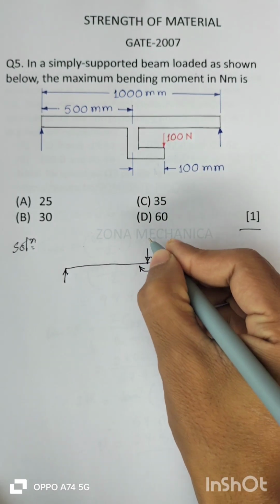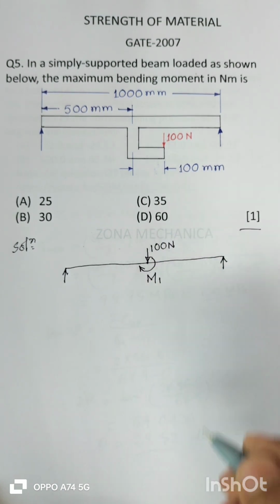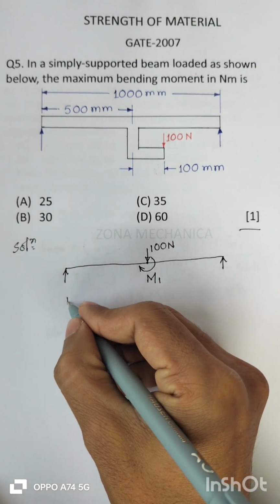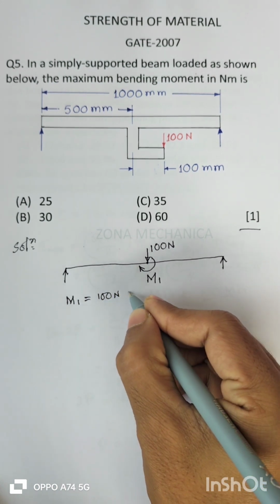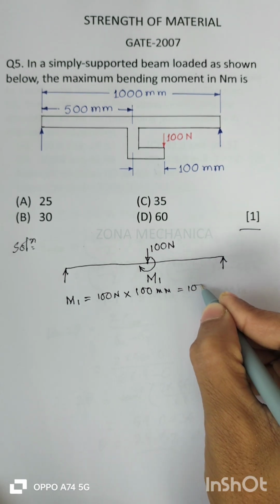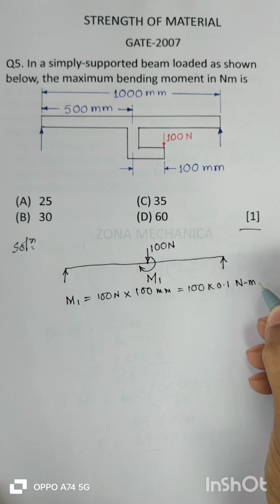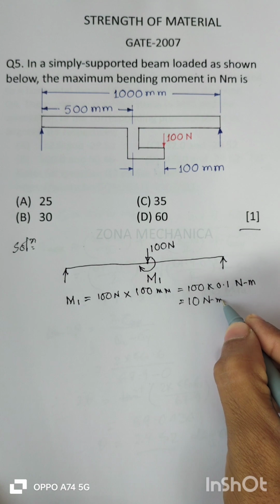So we can assume this 100 Newton is acting at the midspan of the beam, and due to this arm there will be a moment. The value of M1 will be clearly 100 Newton into 100 mm, which is equal to 100 into 0.1 Newton meter, that is equal to 10 Newton meter.